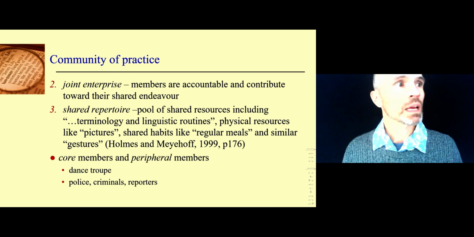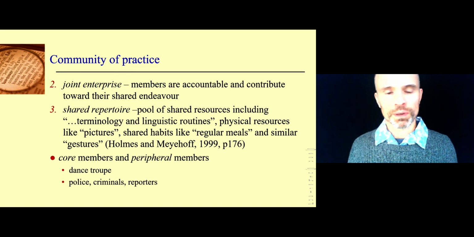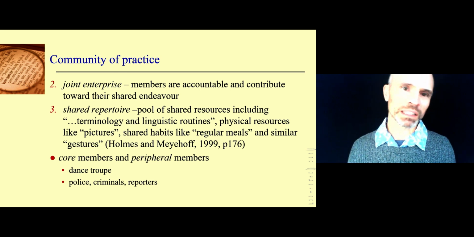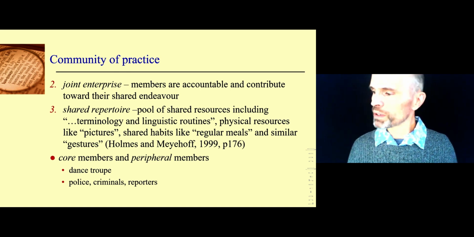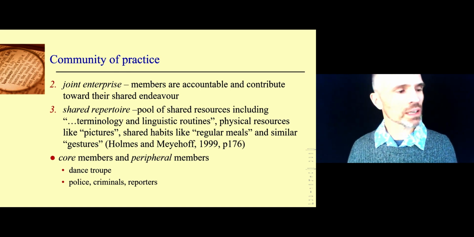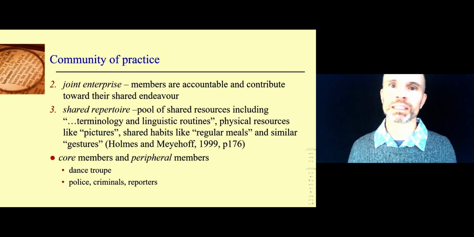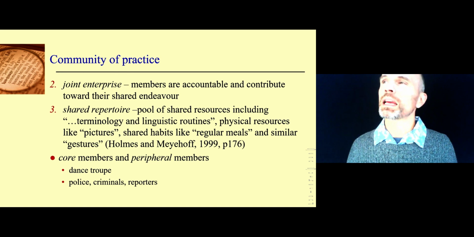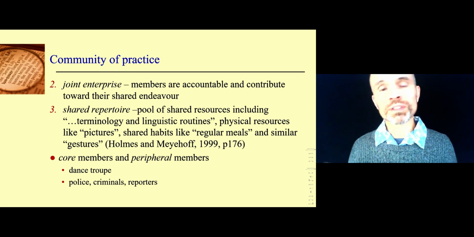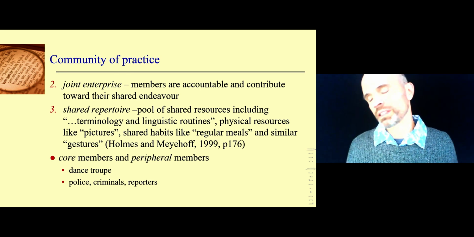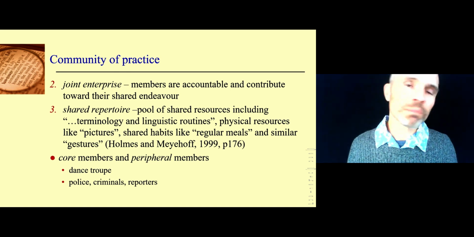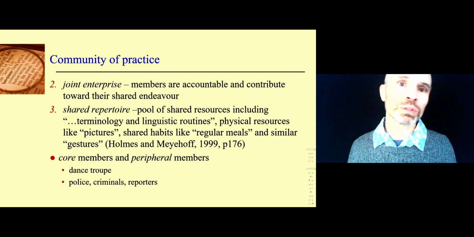But then the criminals and the reporters, they're not core members of the police community, but they are peripheral members. They understand a lot about police, about the way police officers act and talk, in order to integrate themselves with the police. A newspaper reporter will never become a police officer, but they'll use similar words.